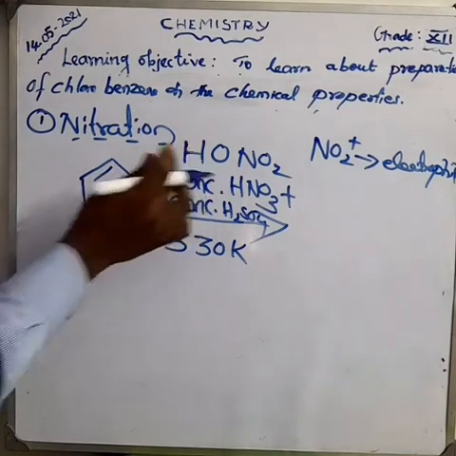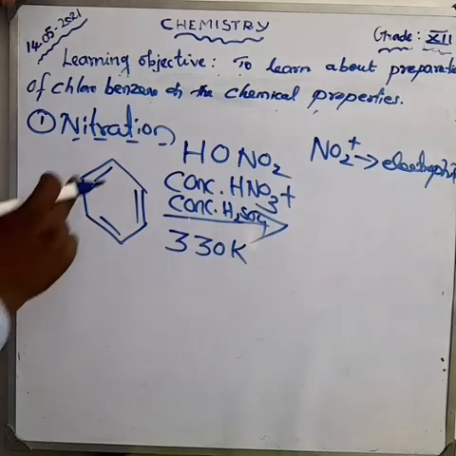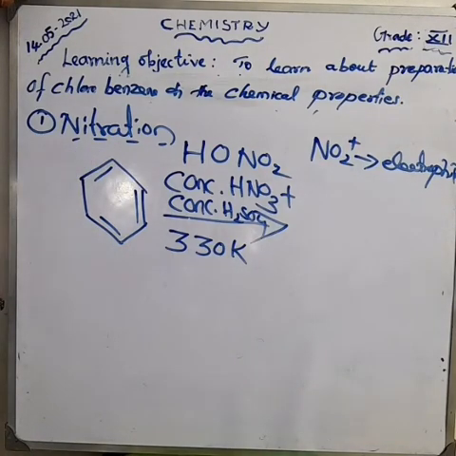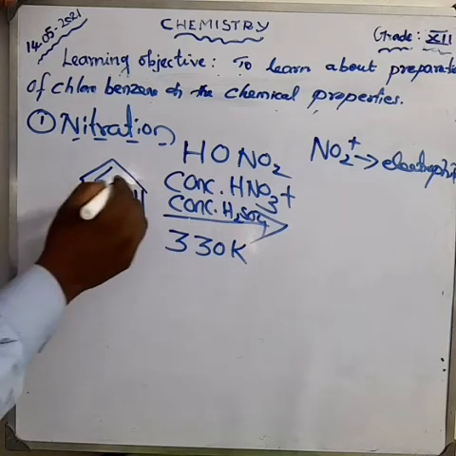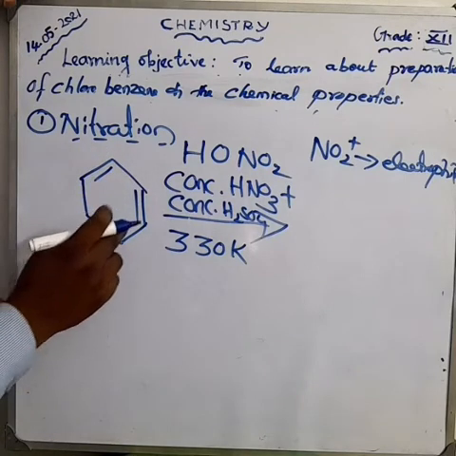Okay. Here, I told that this is the benzene ring, each corner having carbon and hydrogen: carbon, hydrogen, carbon and hydrogen, carbon and hydrogen, carbon and hydrogen, carbon and hydrogen.